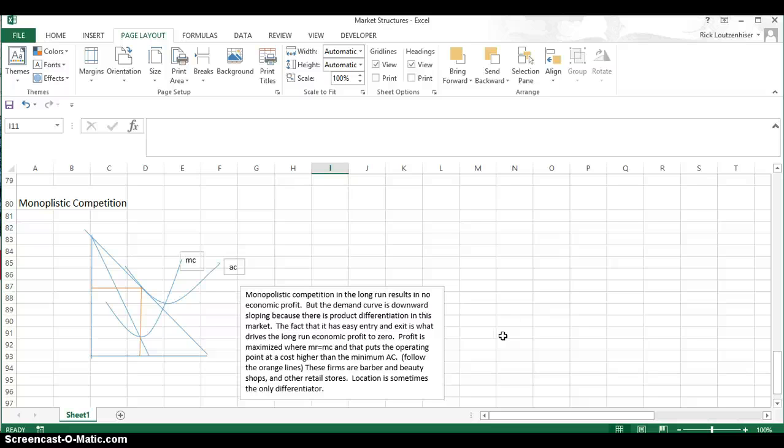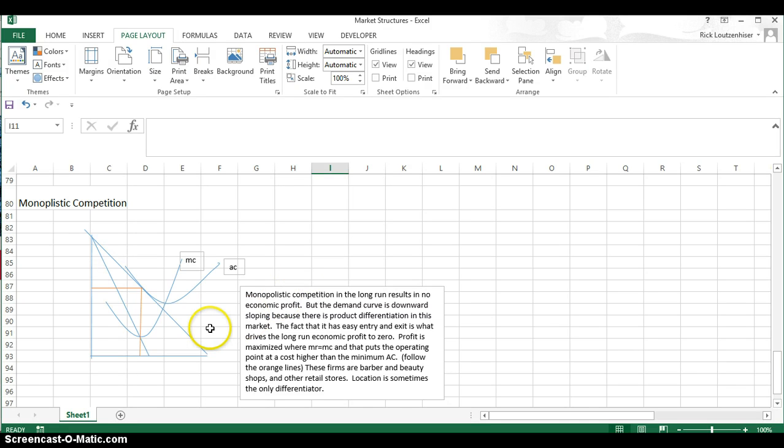And because they can distinguish their product, they can make short-term profits. They have a downward sloping demand curve, at least in the short term. But in the long run, if a location is doing really well, a competitor will move in right down the street or in a different plaza, and there'll be another barbershop within a certain mile of yours, and your location advantage will be taken away.